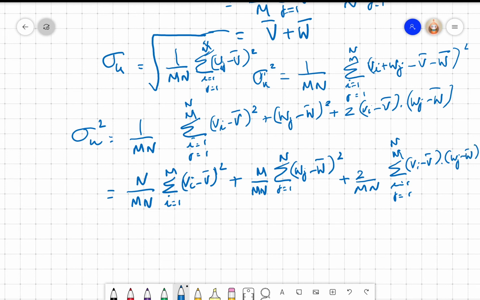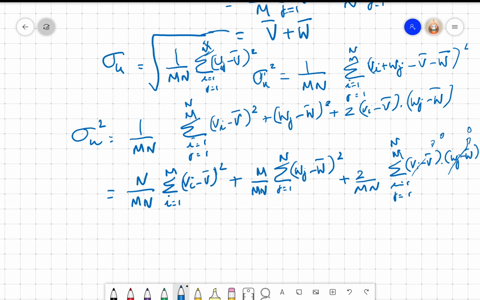Now if I look at this, what is vi minus v bar? That is the deviation in vi. And what I am doing, I am summing the deviation over its entire set, right? 1 to m. So this will go to 0 because sum of deviations is 0. What is this? This is deviation in wj. Again, I am summing all the wj over its entire j equal to 1. So the sum of deviations of w also will be 0.